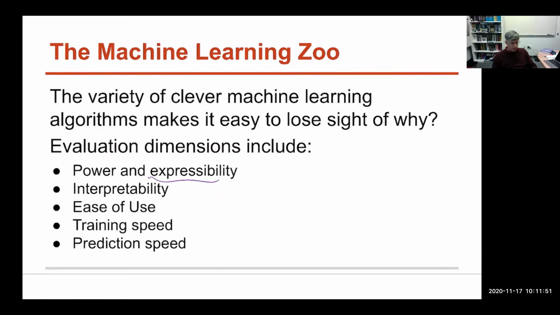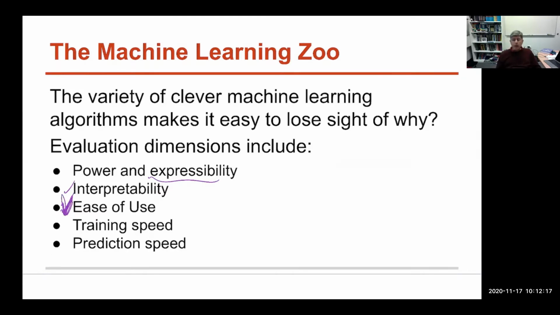They differ in interpretability: when you have a model like this, could you figure out what the important features are and what it's telling you? They differ based on how easy they are for a relatively inexperienced user to get something interesting out of.